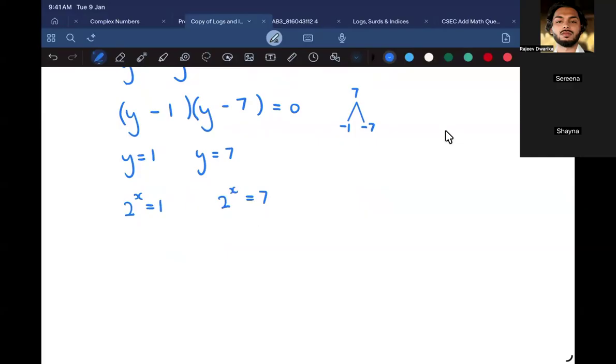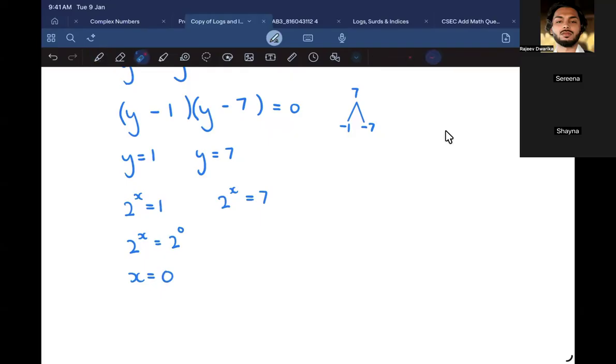No, well, at least not for the first one, right? So I have 2 to the power x, and 1 could be written as 2 to the power 0. So x is equal to what? 0. Confused or you understand? I understand. I don't know why I did it in my book though.